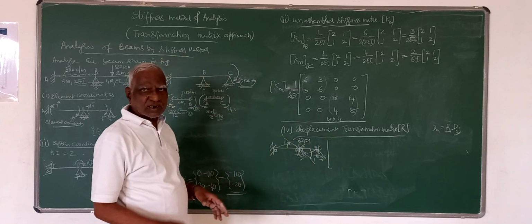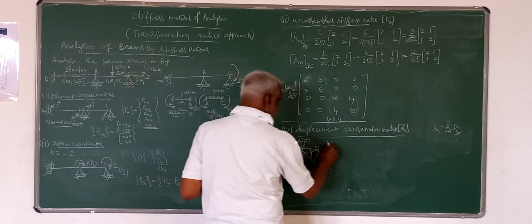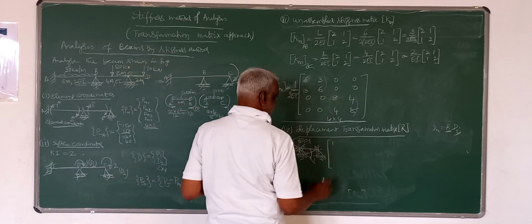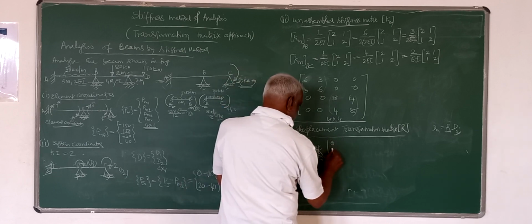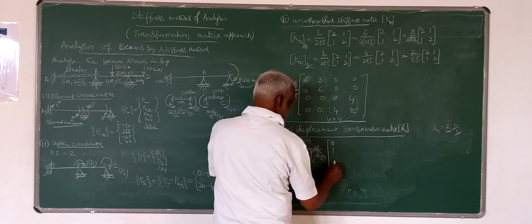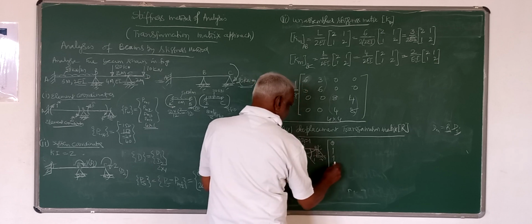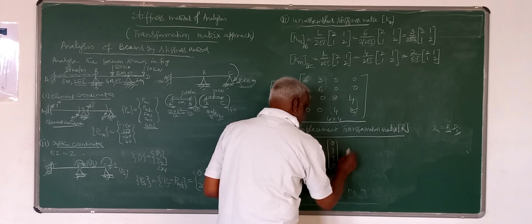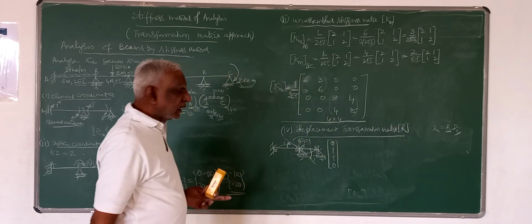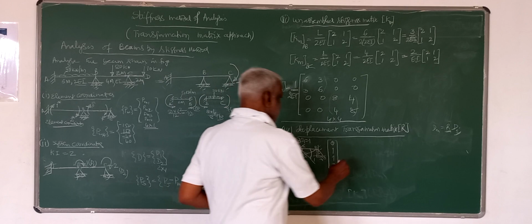That's also another thing you have to remember. So here along element coordinate 1 displacement is 0, along element coordinate 2 it is +1, along 3 it is +1, along 4 it is 0. That is the first column of the displacement transformation matrix.